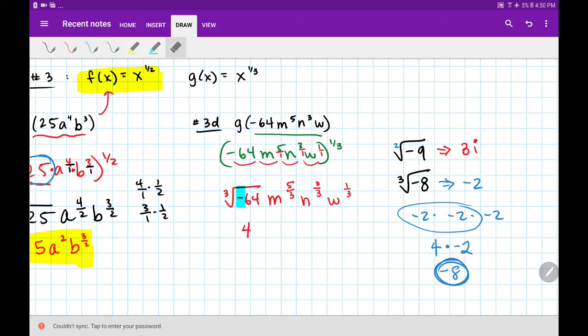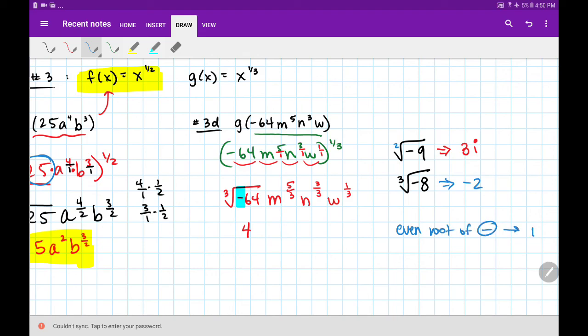So the rule is, take it down in your notes, the even root of a negative is always imaginary, whereas the odd root of a negative number will simply be a real negative number.